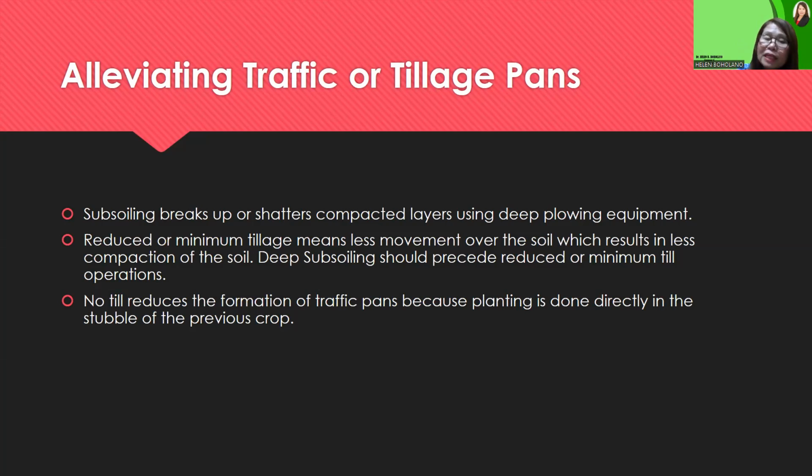Deep subsoiling should precede reduced or minimum tillage operations. No-till reduces the formation of traffic pans because planting is done directly in the stubble of the previous crop, because there is a change of crop.